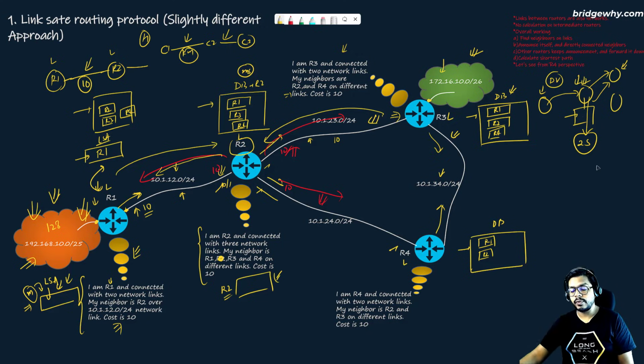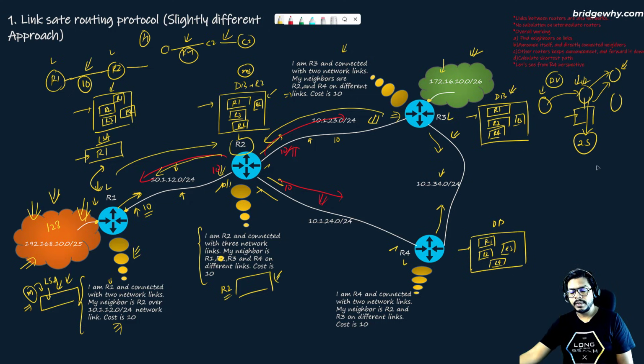Because it is going to go at the speed of packets, because no middle router is doing any computation, they are just building the database, right? And of course, R1 knows about itself, right? R2 also knows about itself and whatever links are connected. R3 knows about itself, so this information is also there in the database, right? R3, R1, R2, and R4.